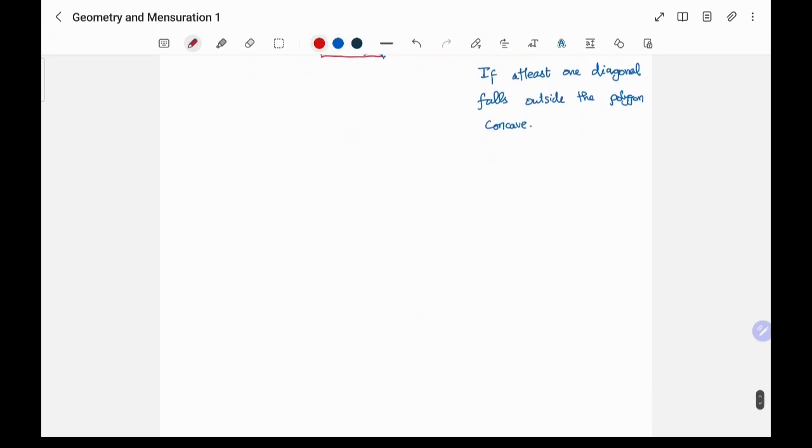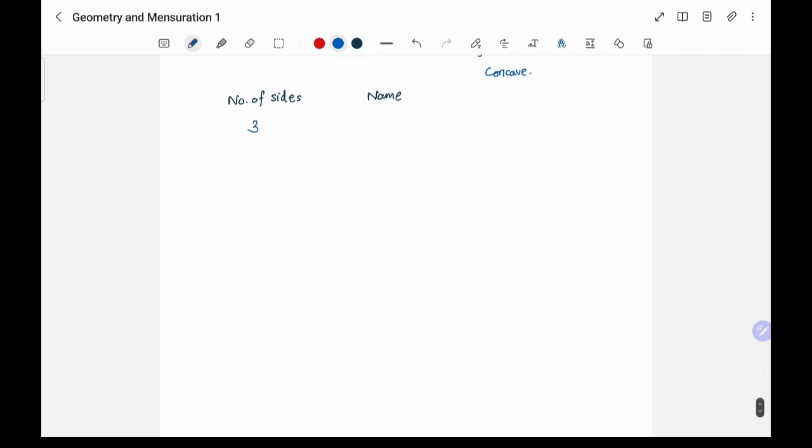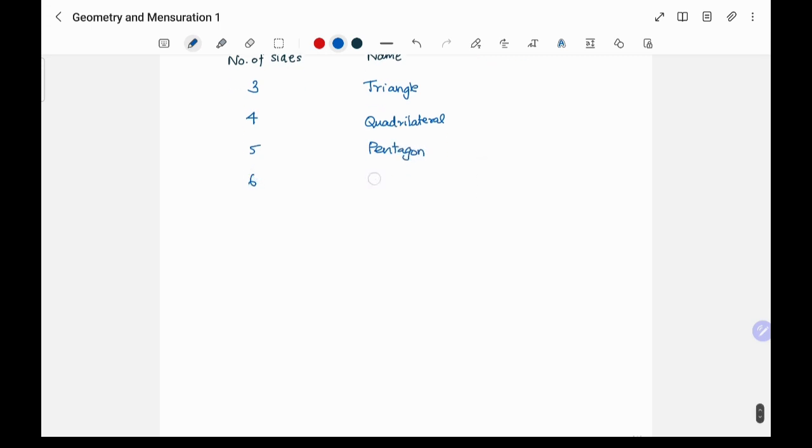So there are special names for these polygons based on the number of sides. For 3, we said minimum it is 3. It is called a triangle. Tri means 3. 4 is called a quadrilateral. Quad is 4. 5 is pentagon. 6 is hexagon.